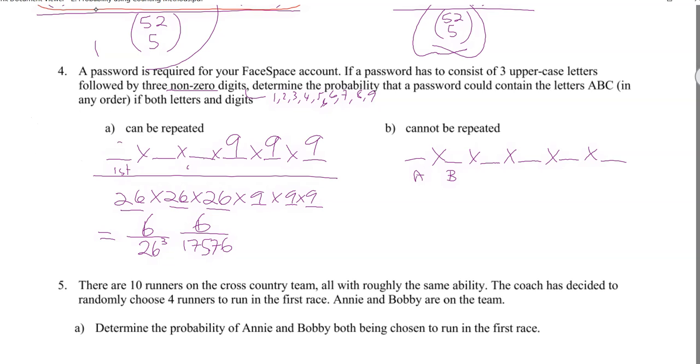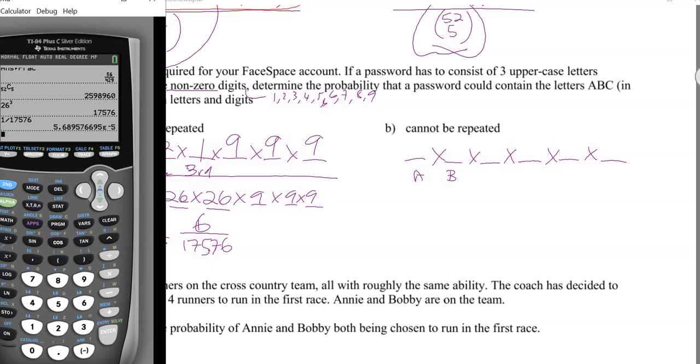First letter, 3 choices. Second letter, 2 choices. Third letter, 1 choice. It's 6. So 6 divided by 17576. Math, enter.